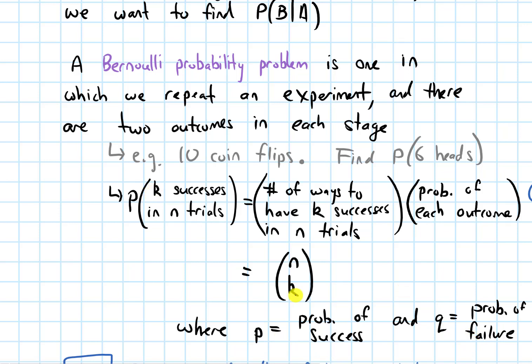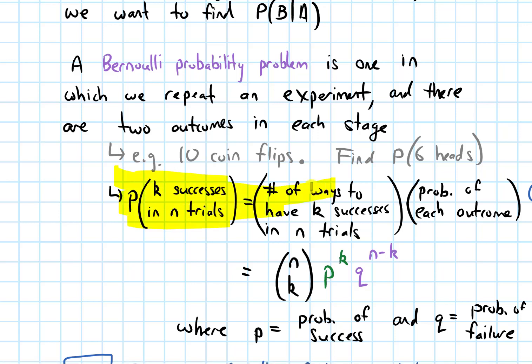So if I have k successes, then I'm going to need to multiply that probability, p times p times p, k times. So that'll give me p to the k power. And then I'll need to do the same thing for the number of failures. So we'll have q to the however many failures we have. If we have n trials and k successes, that means we have n minus k failures. And that gives me q to the n minus k.